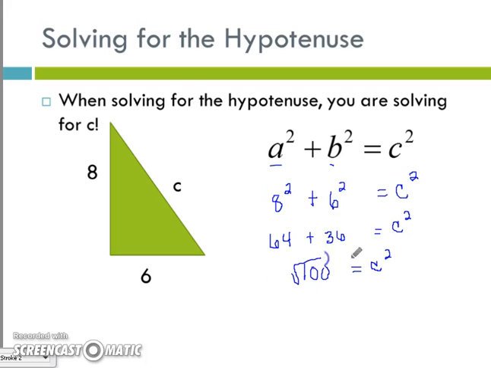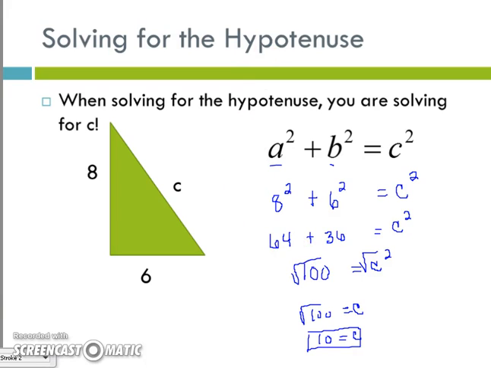Then if we take the square root on both sides, we end up with the square root of 100 equaling C. The square root of 100 is 10. So the length of that last side is C equals 10.